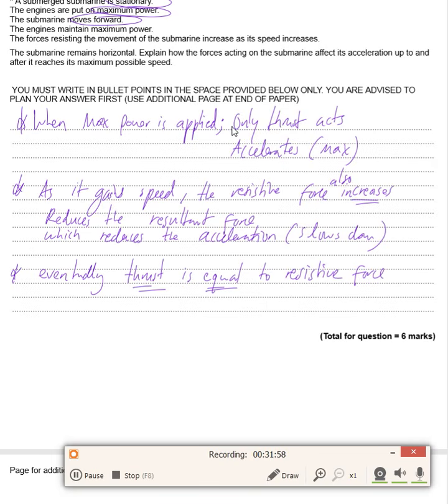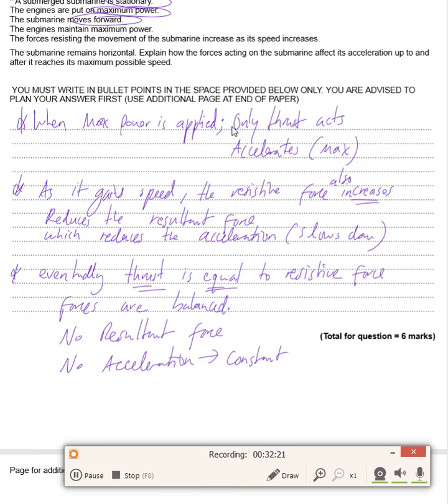And when it is equal, so forces are balanced, means there's no resultant force, means there's no acceleration, means it is going at constant velocity.